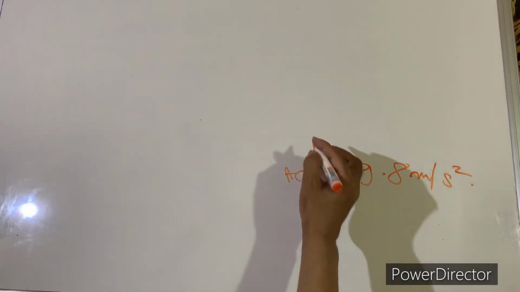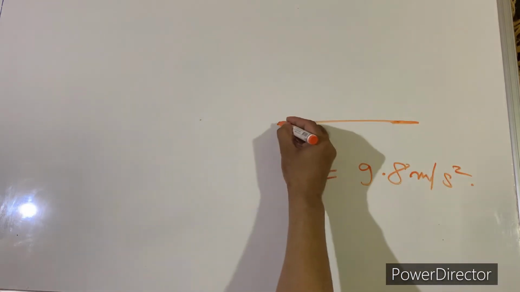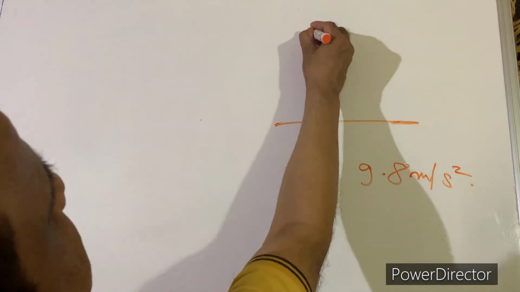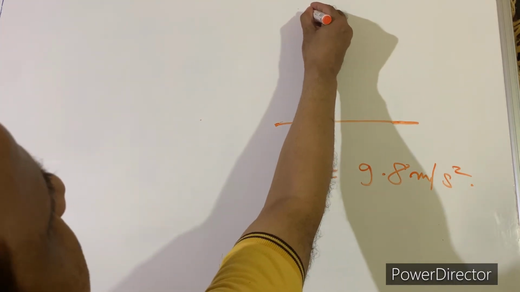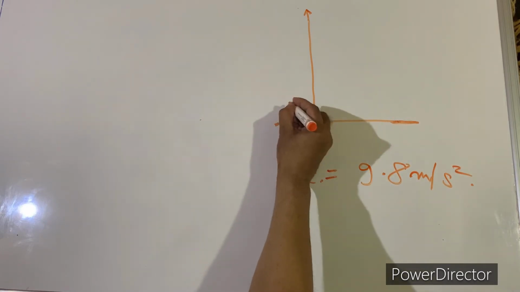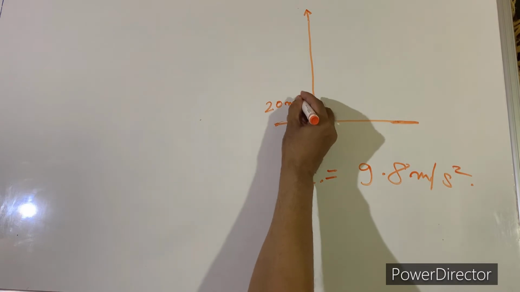Hence, now we will study a graph of a body. Suppose we have a stone in our hand and we are throwing the stone upwards. Suppose we have thrown the stone up with an initial velocity of 20 meters per second.